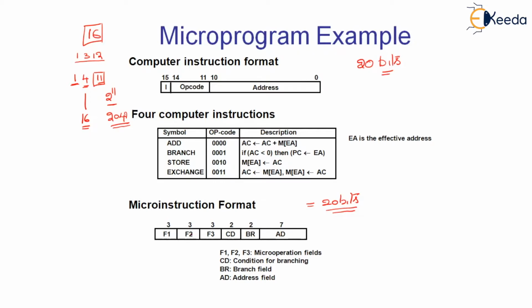A total of 1, 2, 3, 4, 5, 6 fields we do have. Let us have a look at F1, F2, F3. The first 3 fields are opcode fields. Next 2 fields are branch fields. We are going to understand clearly. And the least significant 7 bits are the address field. We will have a look at what it is.